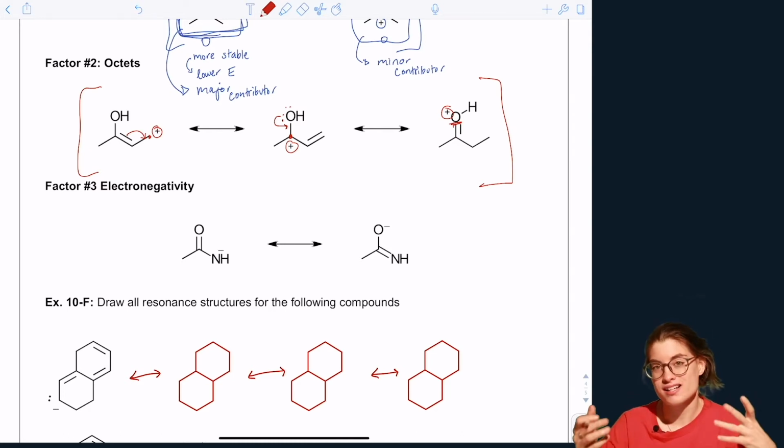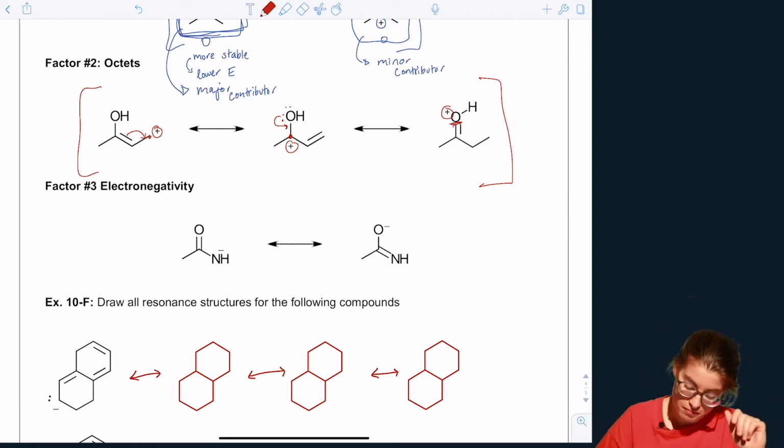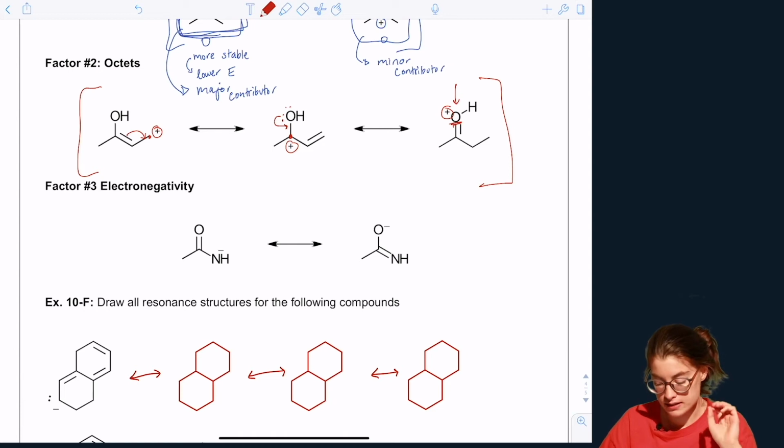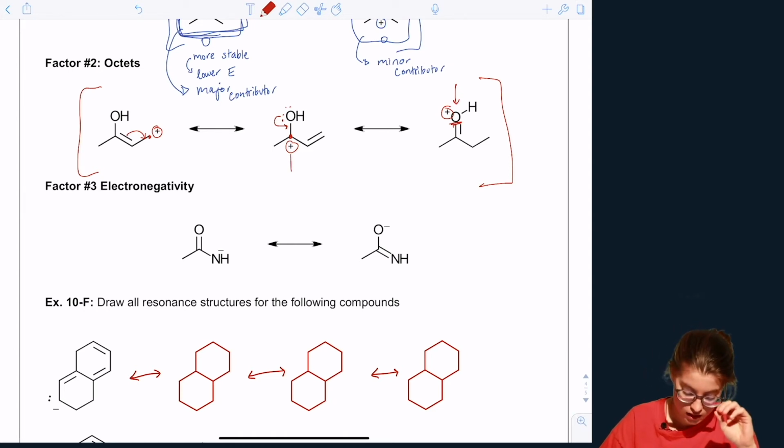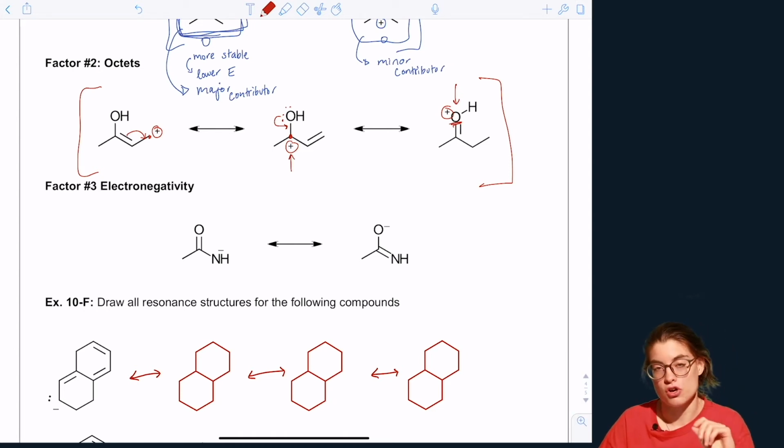Even though oxygen doesn't want to be positive, and of course carbon doesn't want to be positive either, when oxygen has a positive charge, it has a complete octet. But when a carbon has a positive charge, it does not have a complete octet. Having an octet is very stabilizing for atoms, so it's very important.